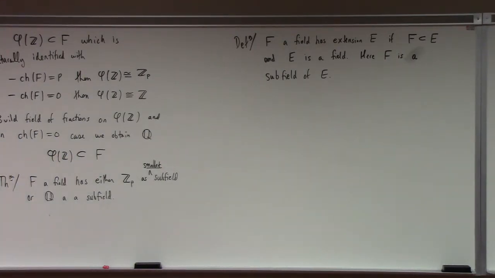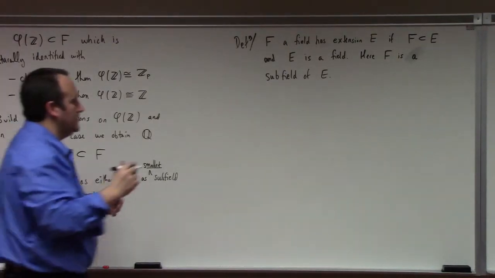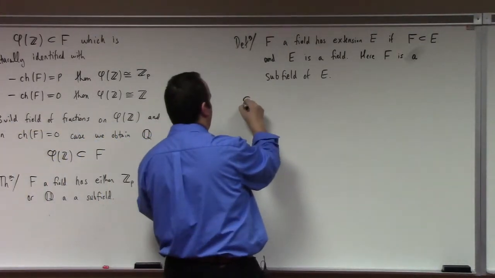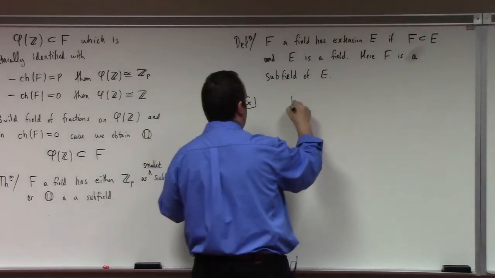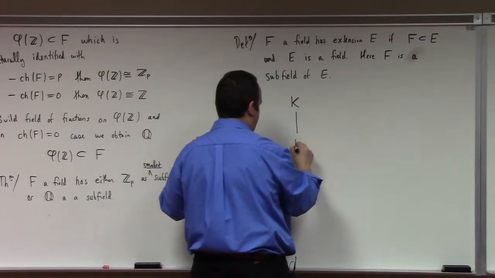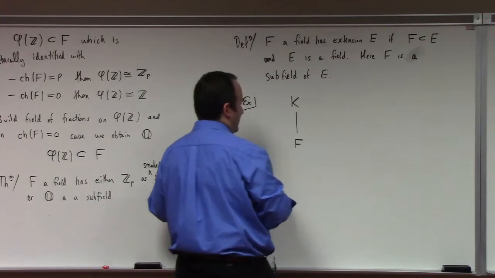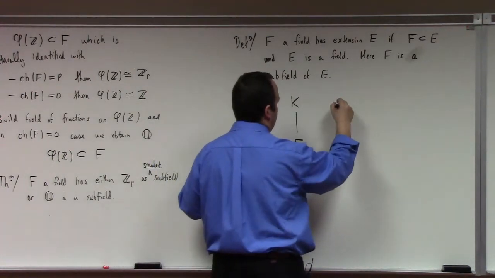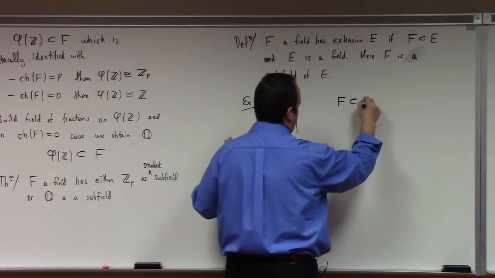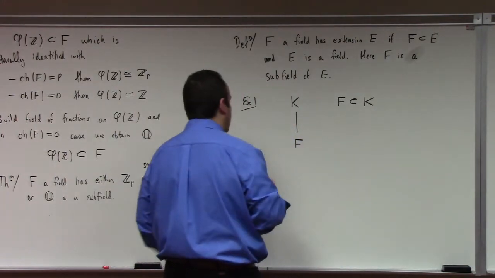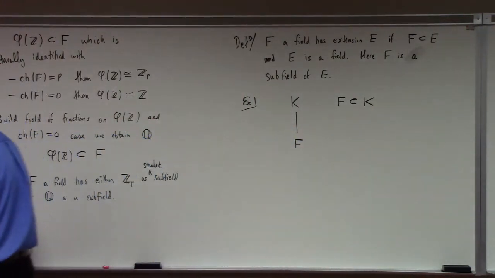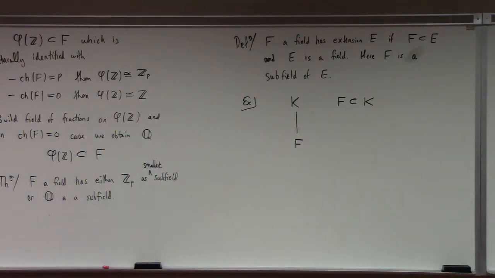Let's go on. So also picture. We have K, we have F. So here, F is a subset of K. So that would make K an extension of F. All right, and that's a so-called, F is the base field, K is the extension field.